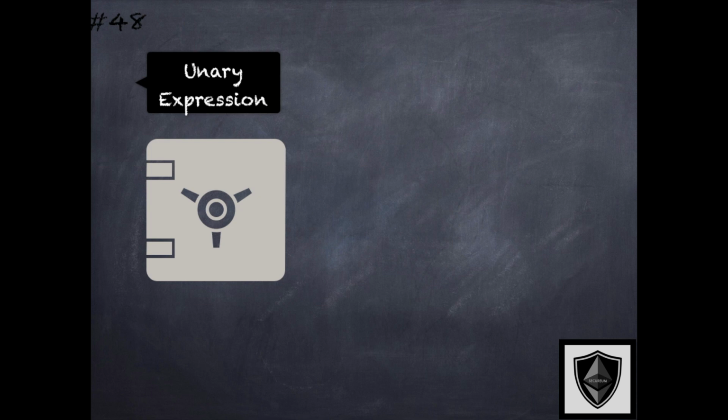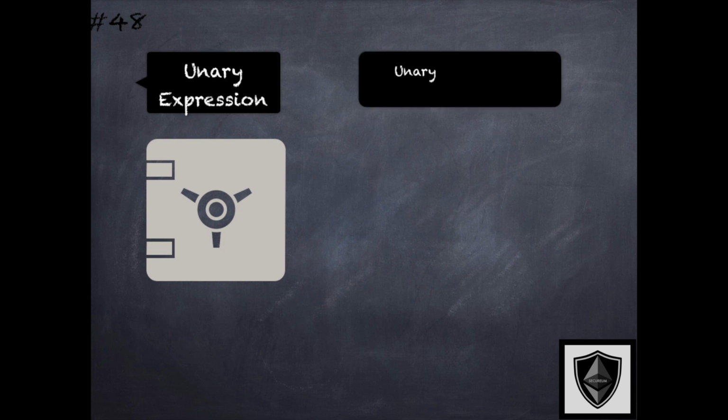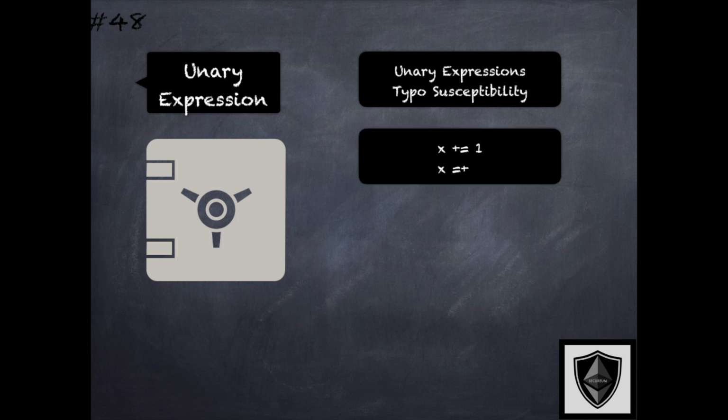Unary expressions are where an operator is used on a single operand as opposed to two operands, in which case it would be a binary expression. And such unary expressions are susceptible to typographical errors by developers. For example, let's take a look at this scenario here where there's a variable x and the developer wants to increment it by 1.